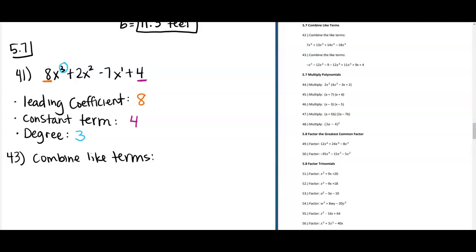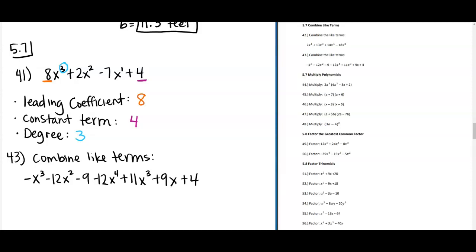Okay, so it gives us negative x to the third minus 12x to the second minus 9 minus 12x to the fourth plus 11x to the third plus 9x plus 4. All right, so we've got a lot of different terms here.